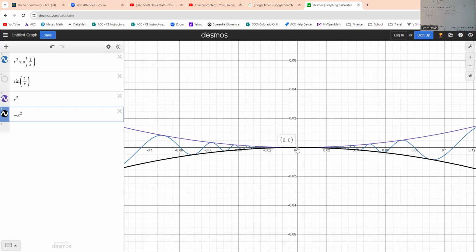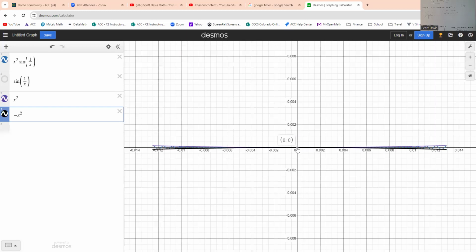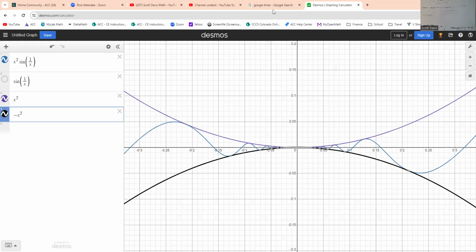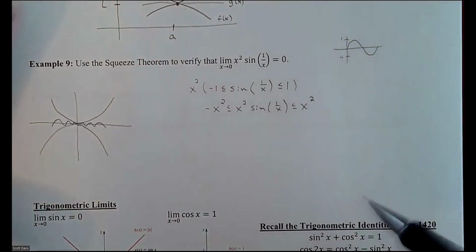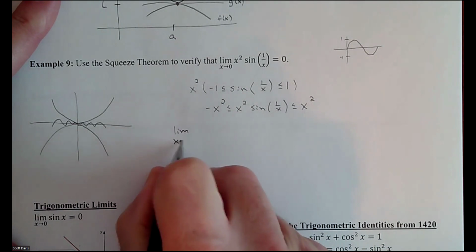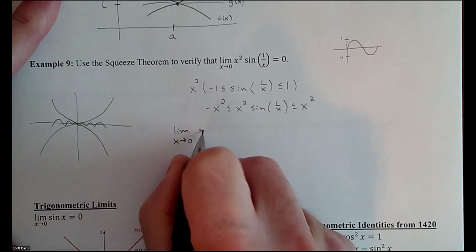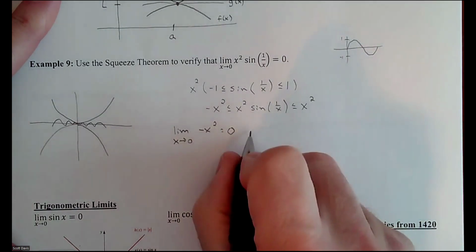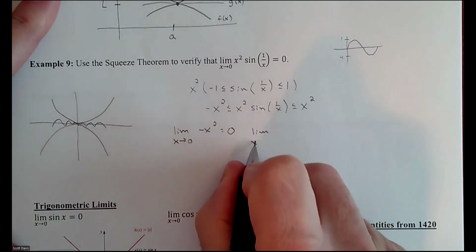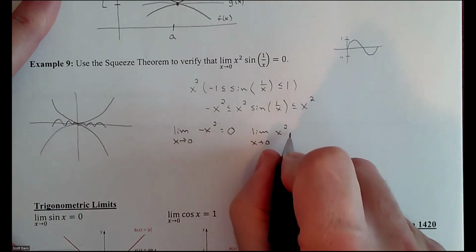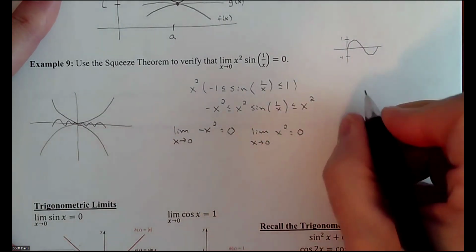So if those are approaching zero, going back to the math, if we do the limit as x approaches zero of negative x squared, we know that's approaching zero. If we do the limit as x approaches zero of x squared, we know that's approaching zero.